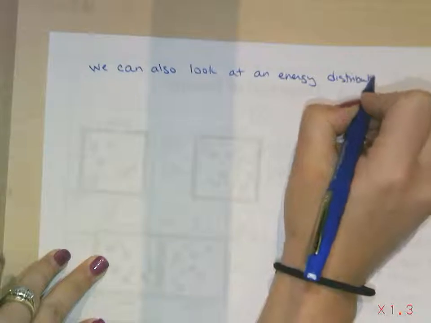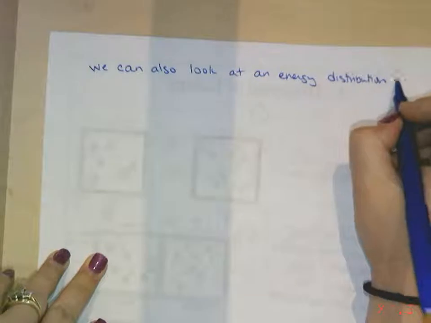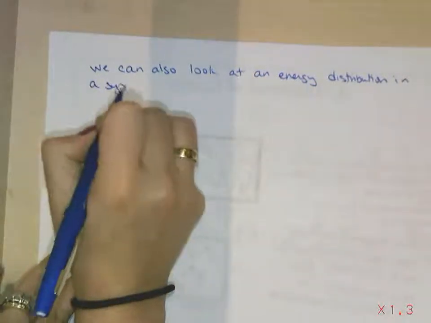All right, so we can also look at an energy distribution in a system. Now, obviously, how many atoms are in a mole? A lot. So I'm not going to look at a whole mole of molecules yet. I think I'll start off with 4 atoms, because we can make good predictions using just 4 or 5, and then we'll extrapolate out to a whole mole of atoms, only because it'll take me forever to draw that many little dots.